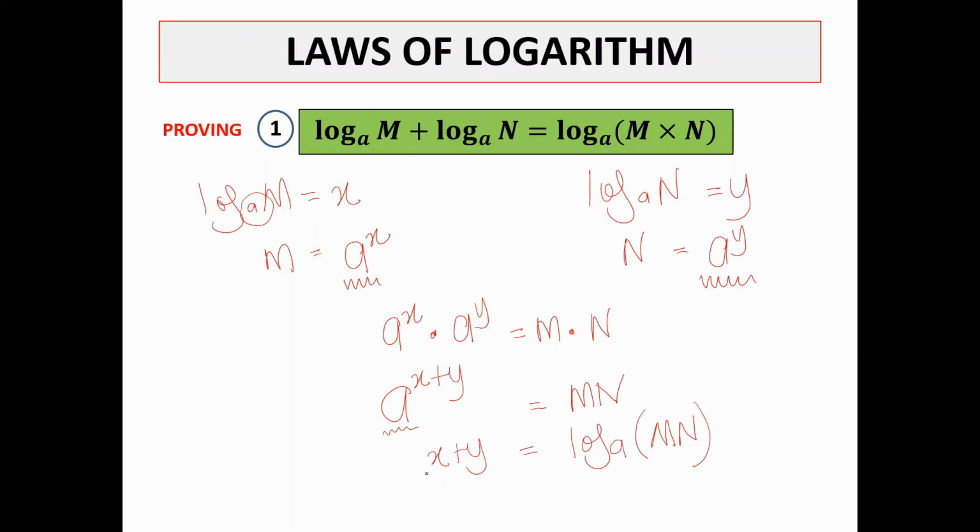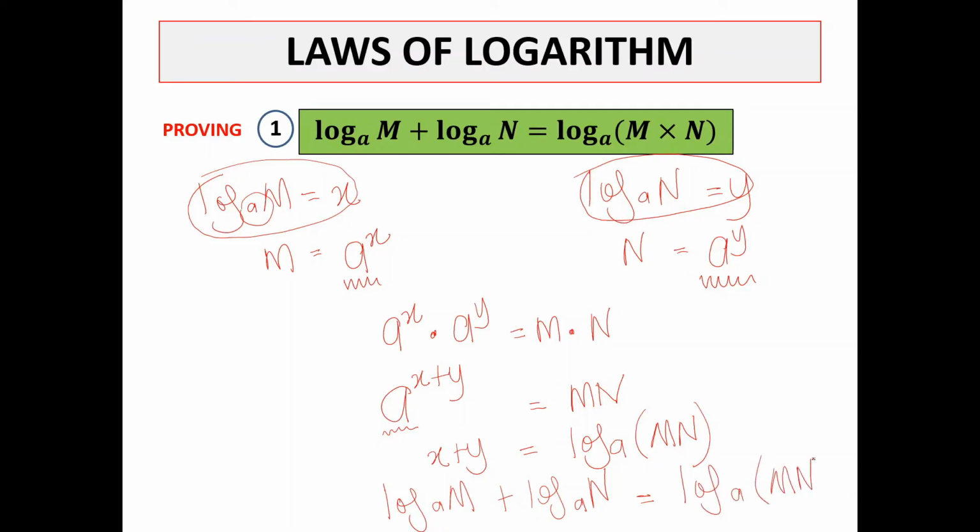As a conclusion, as we substituted before, x is equal to log m base a and y is equal to log n base a. So we have the final solution as log m base a plus log n base a is equal to log mn, or m times n, base a. Shown.